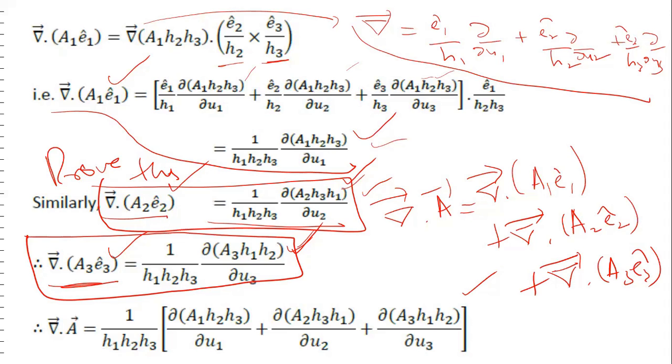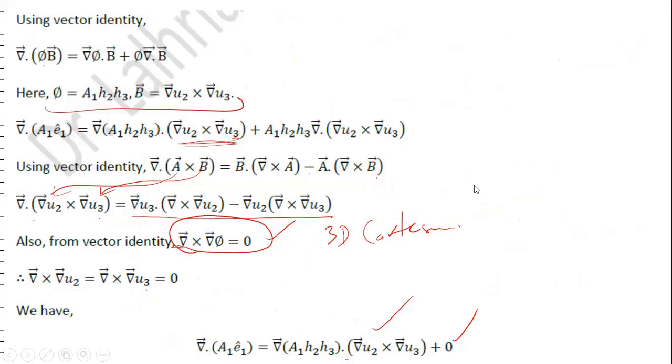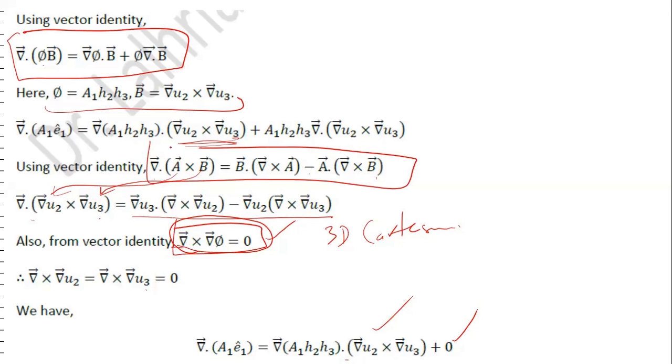So what I can suggest is that please revise the divergence, curl and all that we discussed for 3D coordinate system, and do this exercise, prove this. Okay, and also do this exercise, prove this and prove this. This proof you do it, this proof you do it, this proof also you do it.